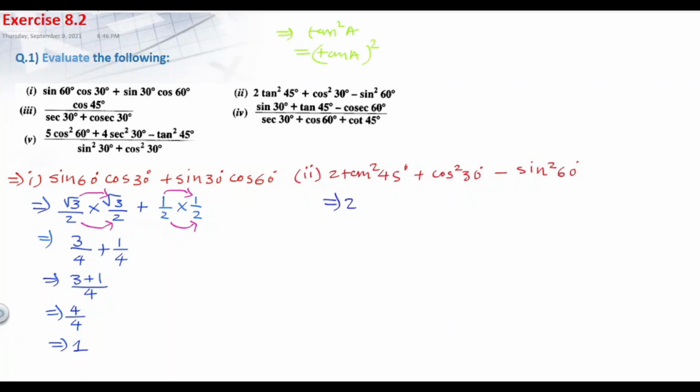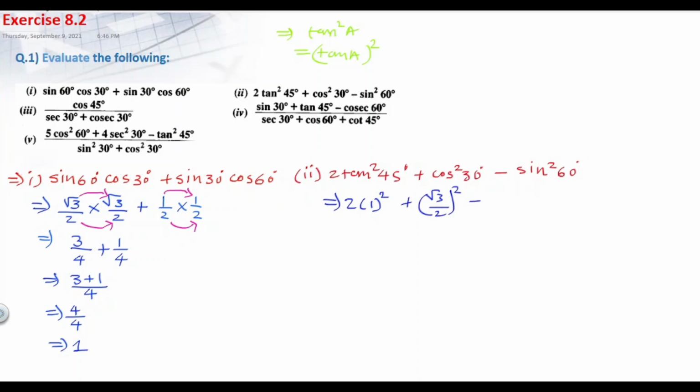So we write the value of tan 45, which is 1, squared. Plus cos 30, which is root 3 by 2. So it is root 3 by 2 whole square.